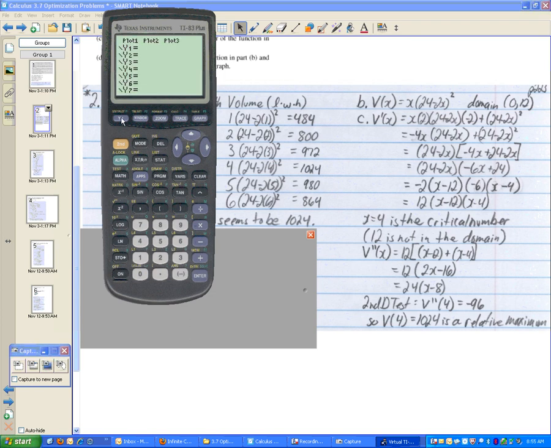All right, so we have y1 will be x times the quantity 24 minus 2x, put an exponent of 2 on it, and hit graph. Okay, so let's change our window.